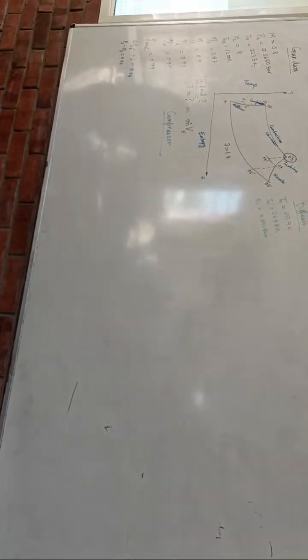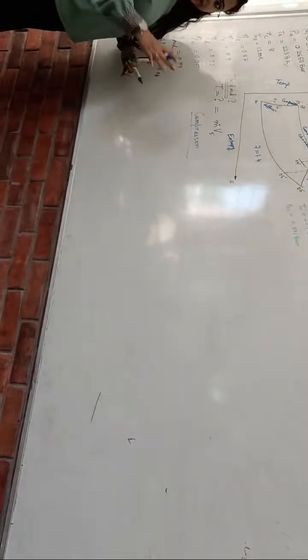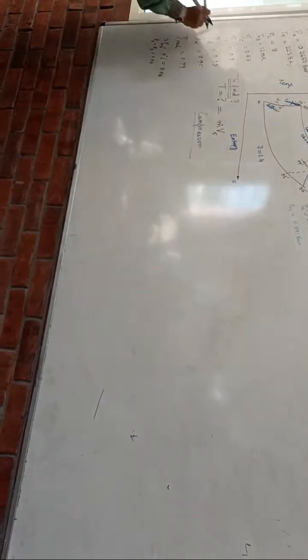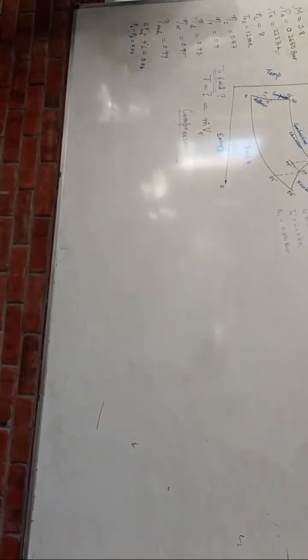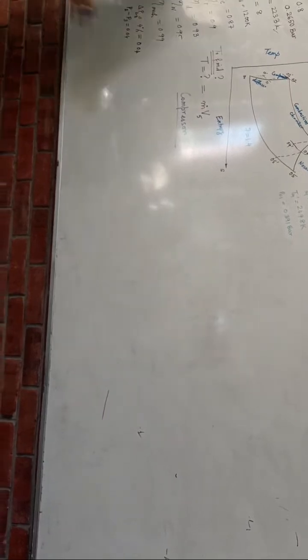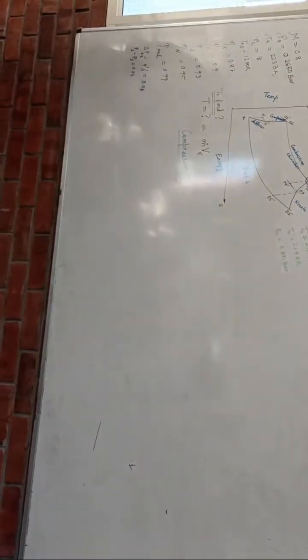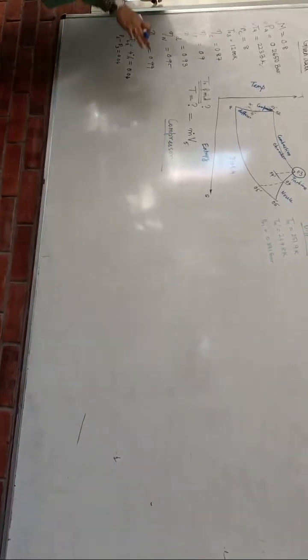Is it visible? Okay. Now, again what am I going to do? Here we have already utilized this thing, so I will tick mark what are the things I have utilized. Next, compressor. Again what do we do? We will utilize the efficiency thing.